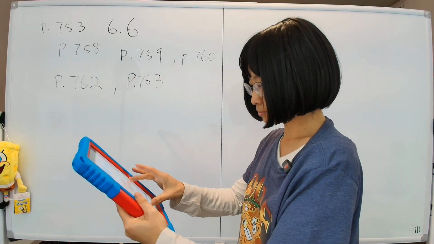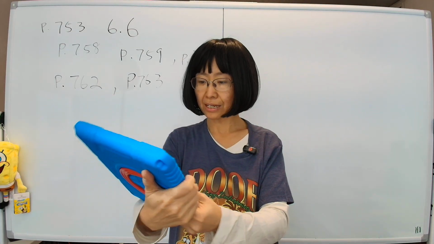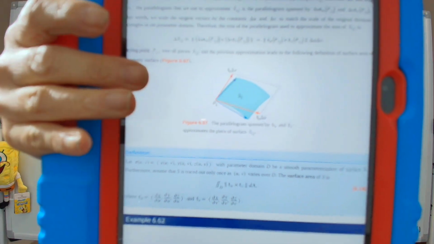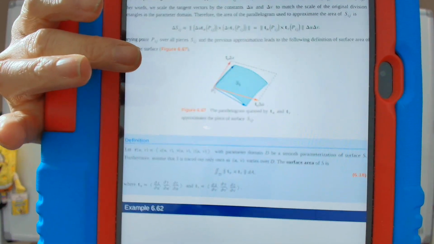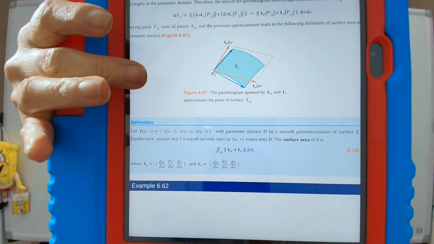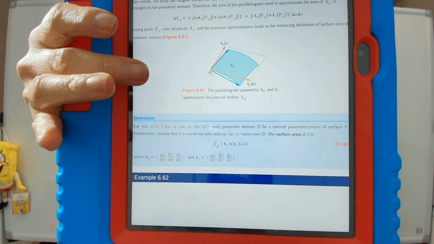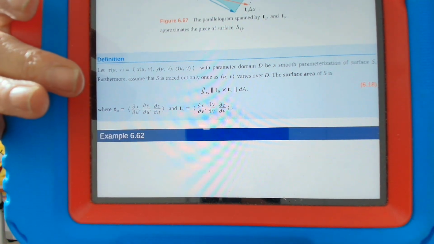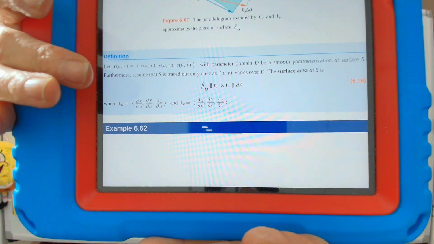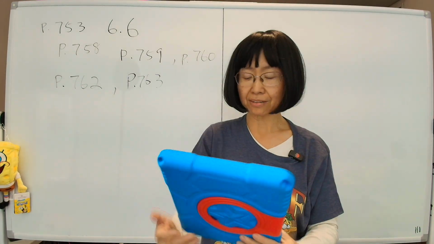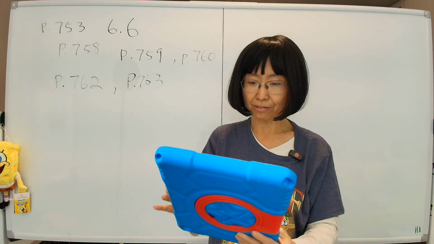As you can see here, TU happens to be the length of that little transformed rectangle, the same as delta TV, and therefore the area is TU cross TV, and then dA over the original domain D, and that will give you the area of some surface.